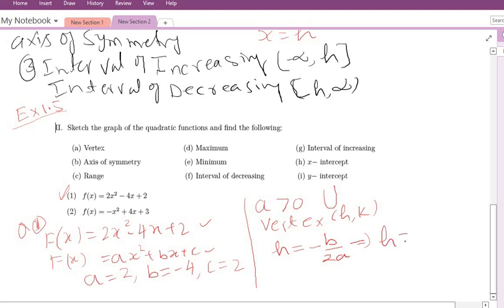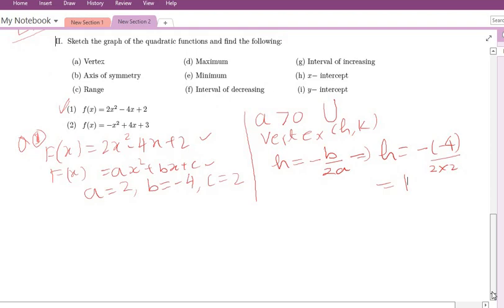Simplified, b is minus 4, divided by 2a, which is 2. If you multiply minus and minus, plus 4 divided by 4, that means h is equal to 1. Now you got the h value 1.